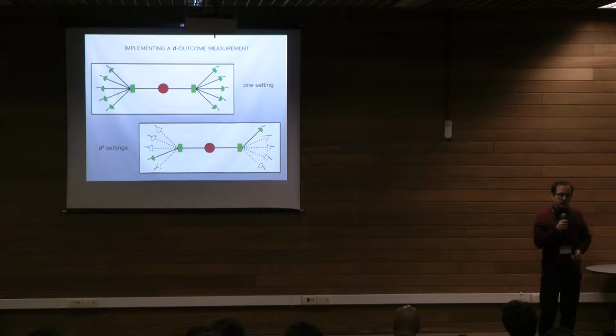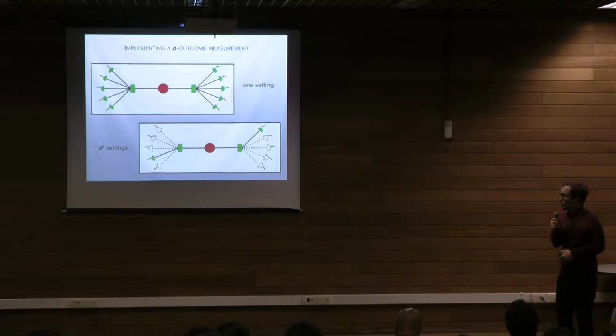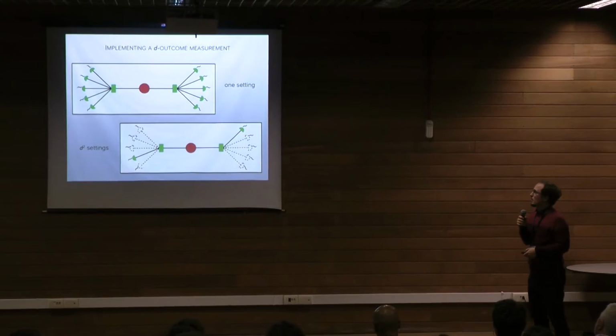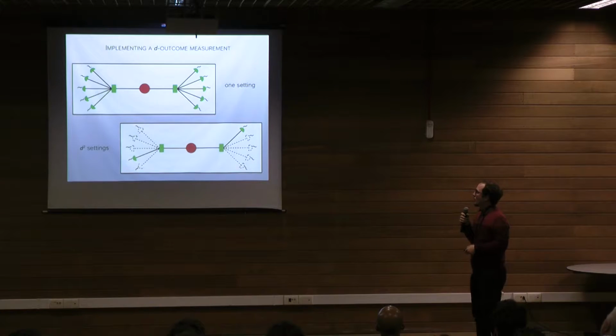However, if you're just simulating this with a single outcome measurement, you need D squared settings because you need to do all the pairs, right? So for each measurement here, you need to try each of these as well. So this is where this D squared number actually pops up.